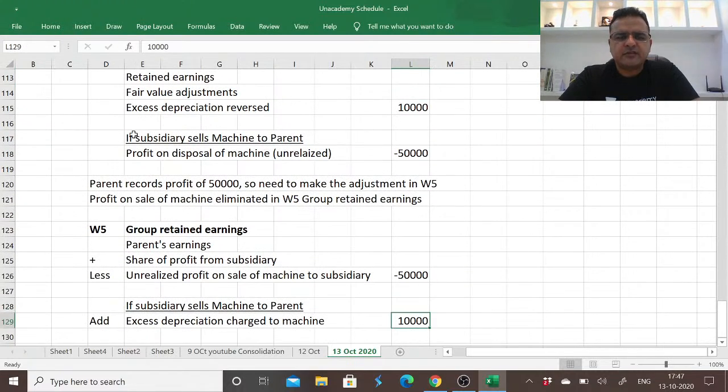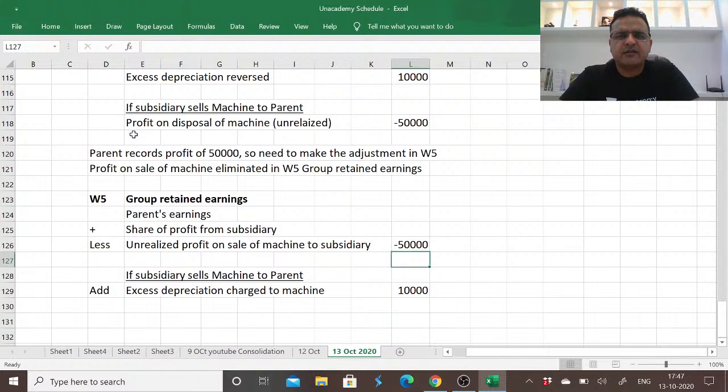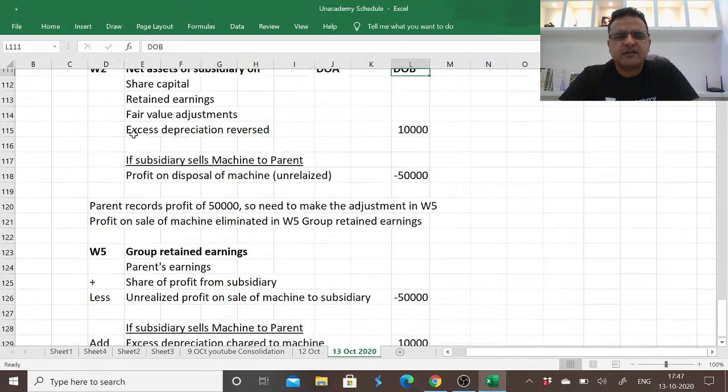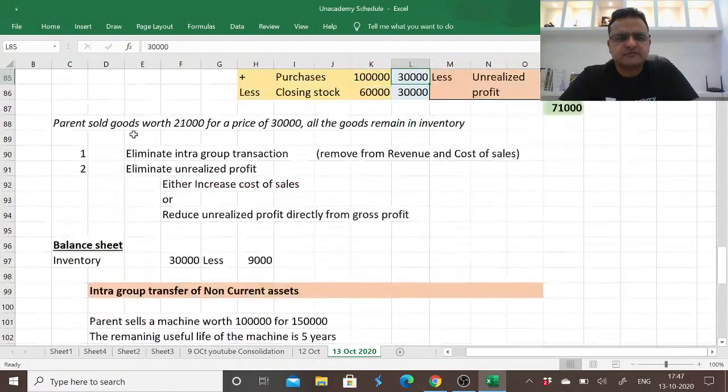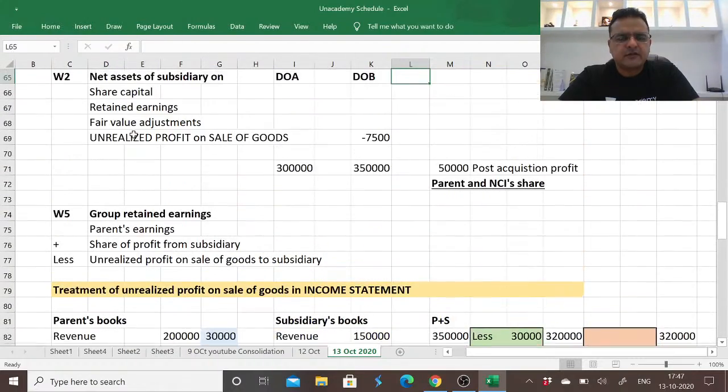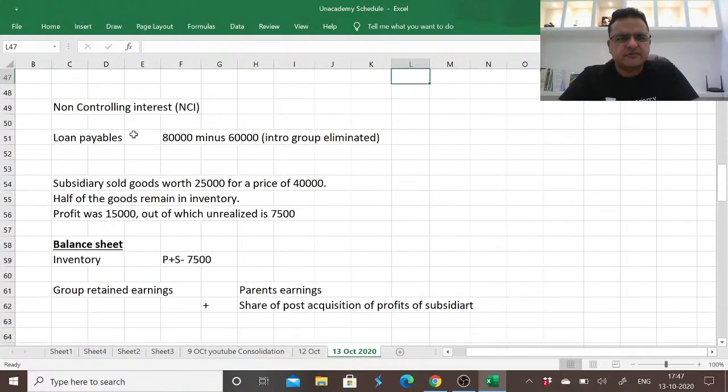This is when the subsidiary sells a machine to the parent, a non-current asset transfer. This is how non-current asset transfers are treated.